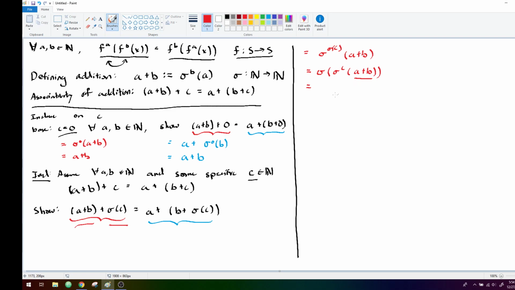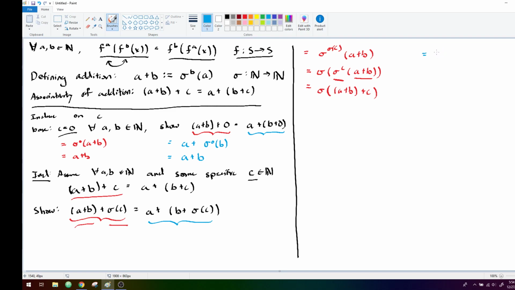So this input to the function is going to be surrounded by its own parentheses. And what is this asking but to add C to it? So this is sigma of the left-hand side here of our inductive hypothesis. And this is perhaps giving you a hint about what we're going to do next.